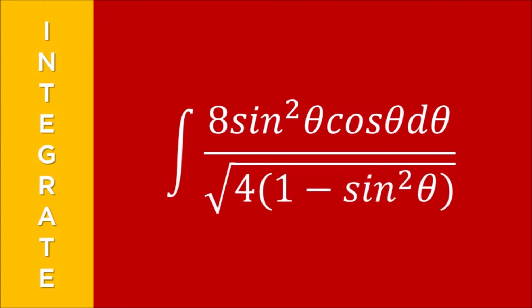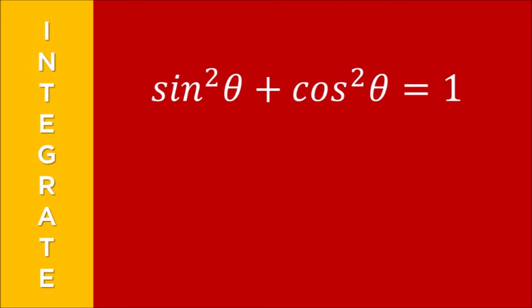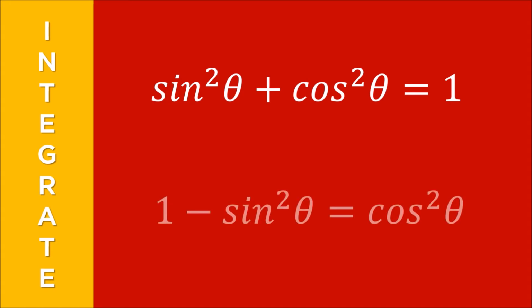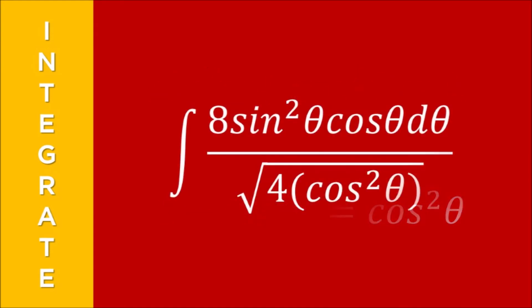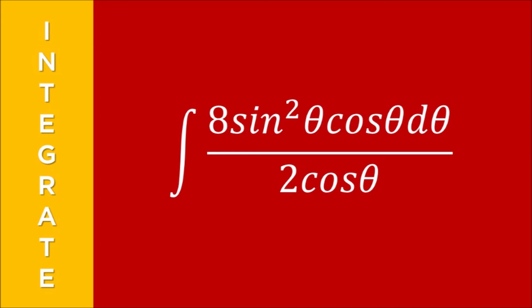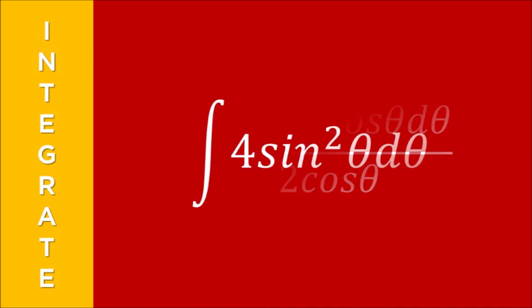Let us recall the trigonometric identity sine squared theta plus cosine squared theta equals 1. Rearranged, it becomes 1 minus sine squared theta equals cosine squared theta, and then substitute it. Simplify it again. Thus, you will get the integral of 4 sine squared theta d theta.